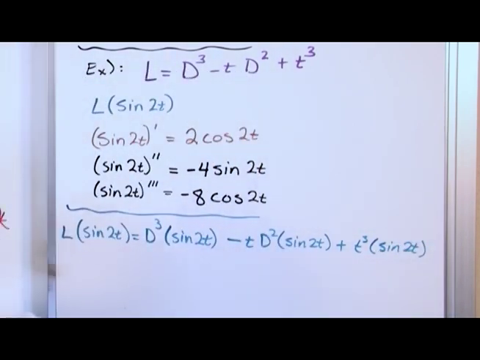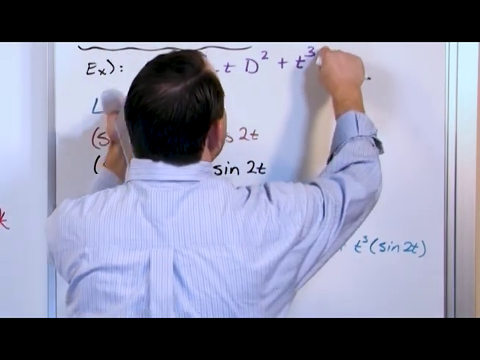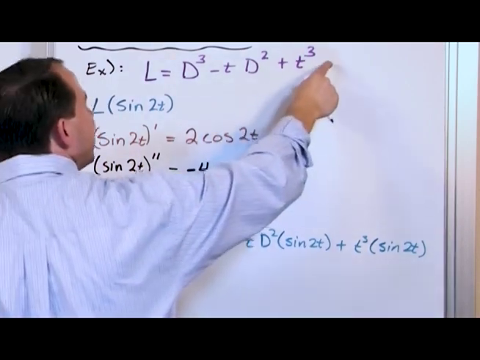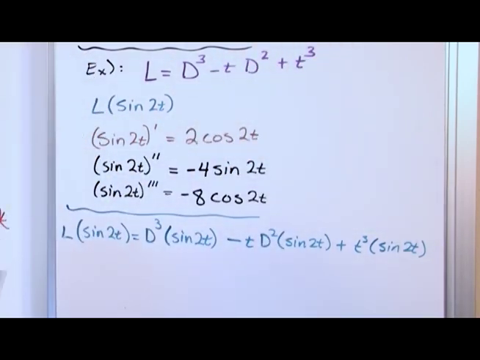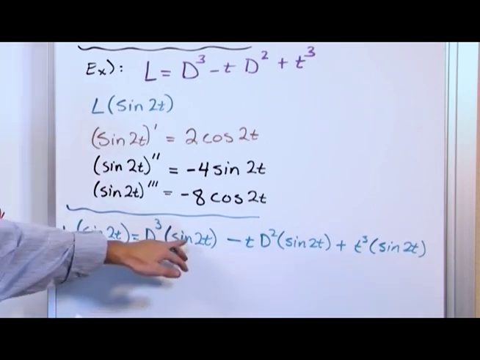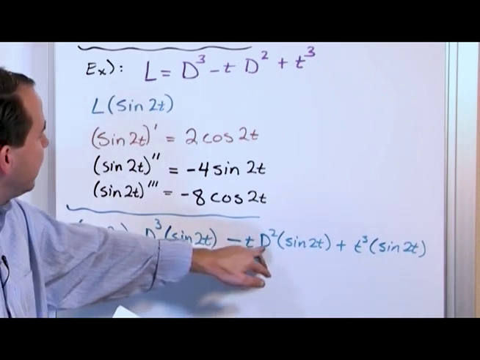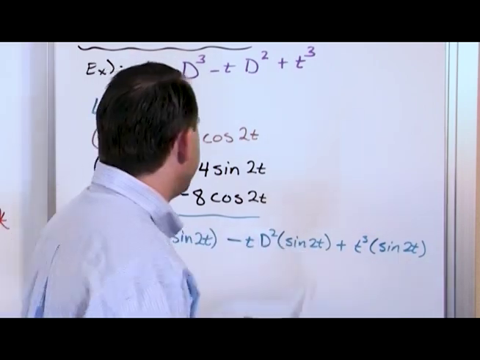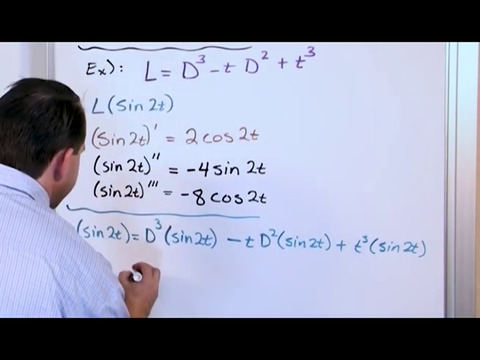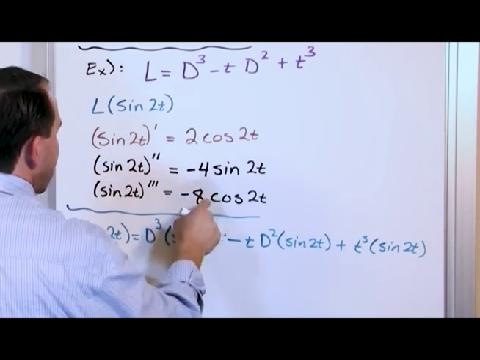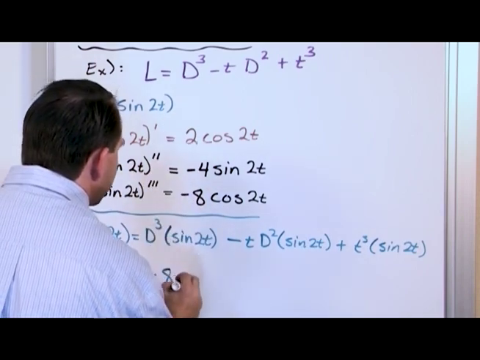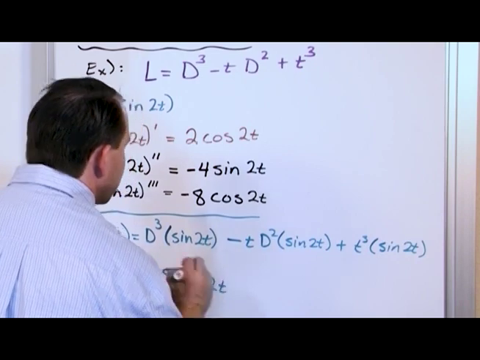So all I've done is I've said, look, I'm going to take this differential operator and operate on this function. So I'm going to have this guy operating on sine of 2t, which is basically the same thing as having each individual part operating on the function, the derivatives. So I'm going to take the third derivative of this, I'm going to have minus t times the second derivative of this, and this is going to be by itself. Now I've already done the heavy lifting, so this guy's a third derivative, so negative 8 cosine 2t.